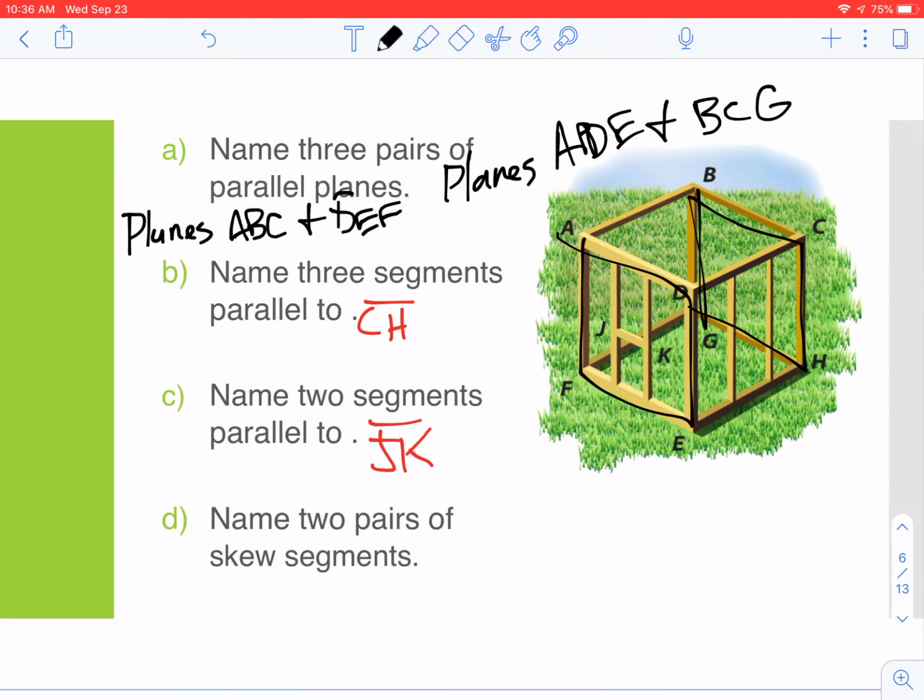This should be a G here, not a D. It should be GEF. This D is on the top corner.